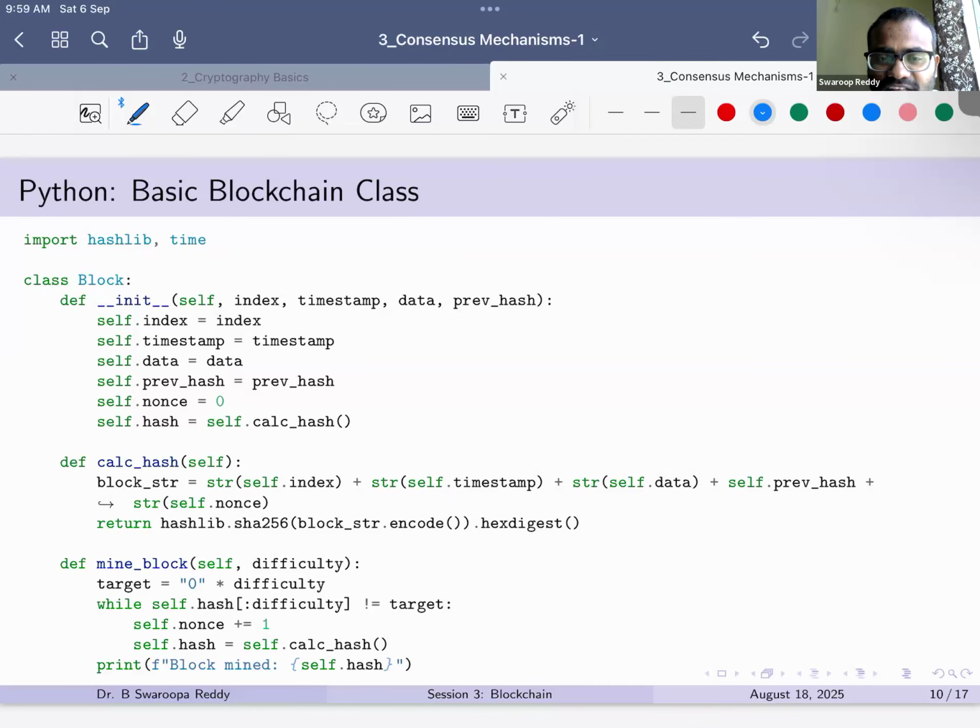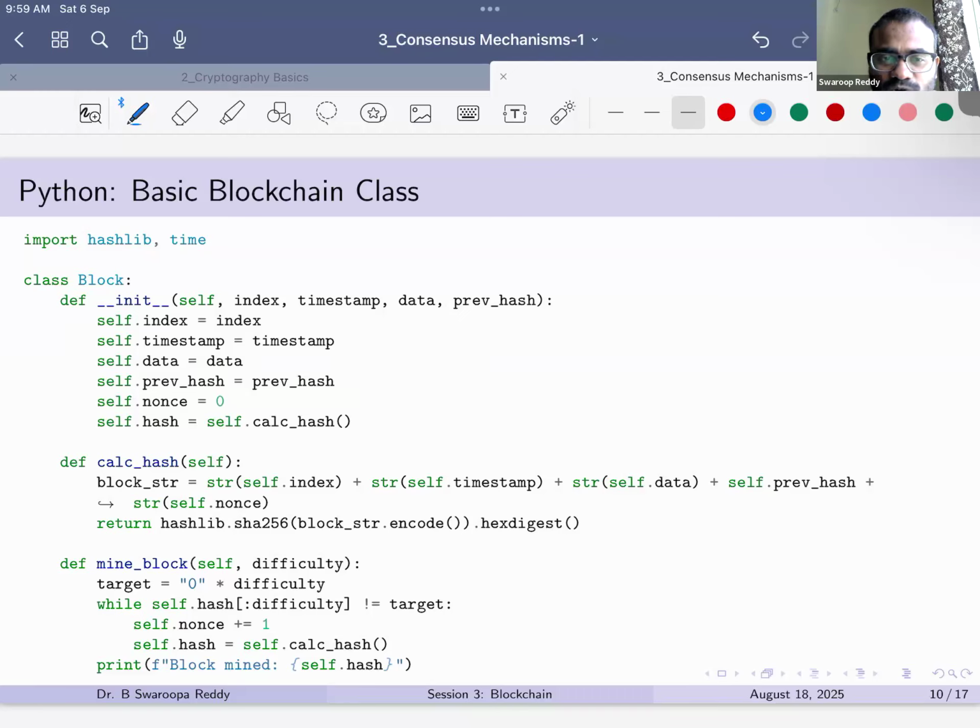block. But this difficulty value will be updated every 2 weeks, based on the average time taken for the last 2 weeks. Here we have just hard coded a single zero. We are checking the condition not equal to target, incrementing the nonce value, and calculating the hash by calling another function called calculate hash.